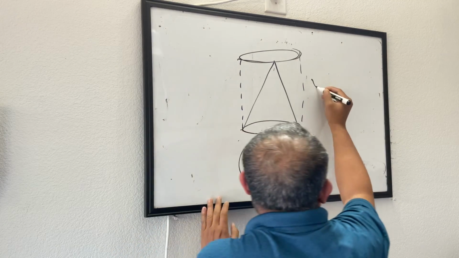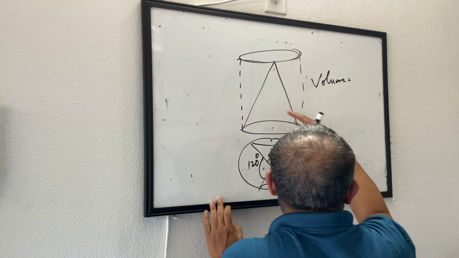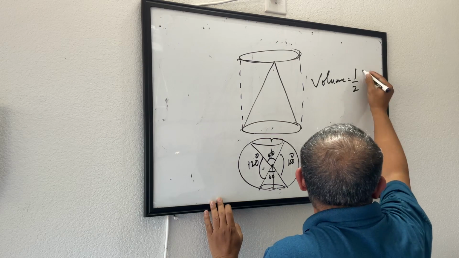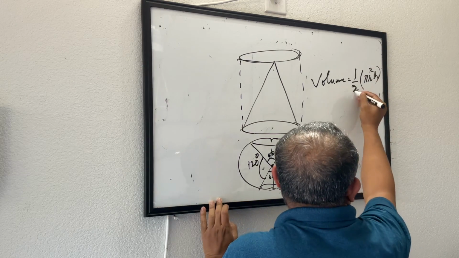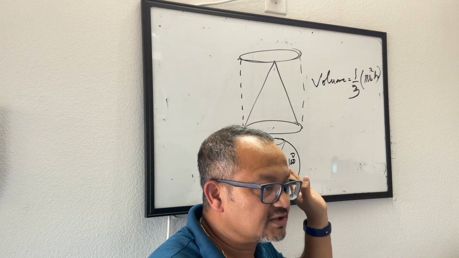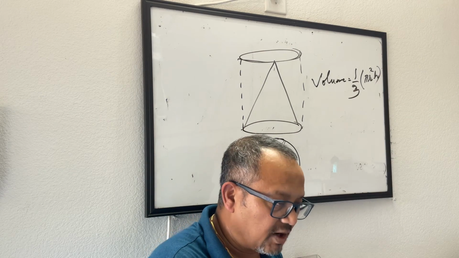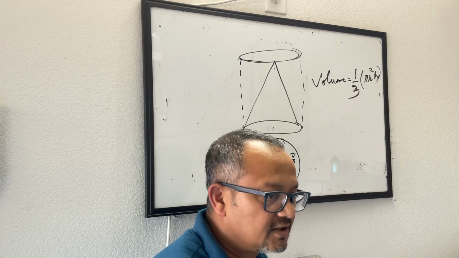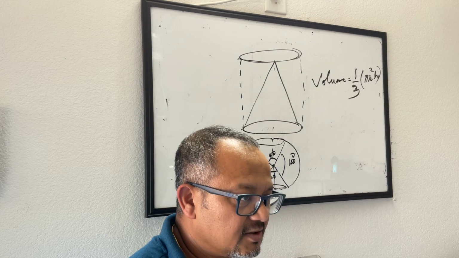So the volume of a cone is 1/3 the volume of a right cylinder. I'm just giving you the formula for now, and we'll deal with more problems as we go into detail. But is that okay so far?